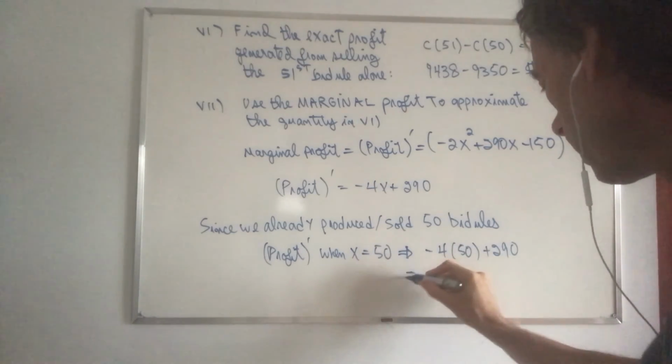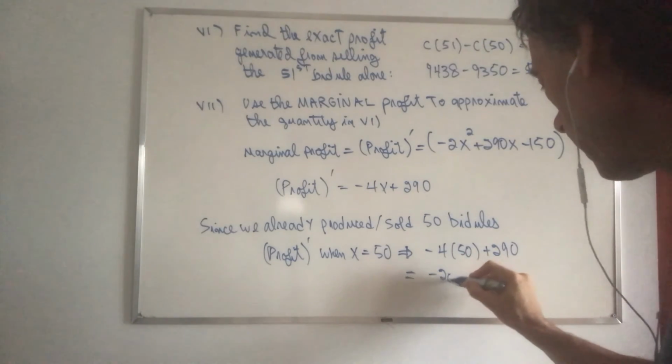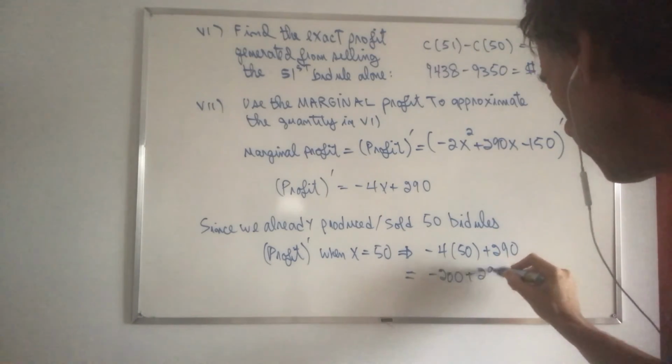What is that? That's minus 200 plus 290, that's $90.